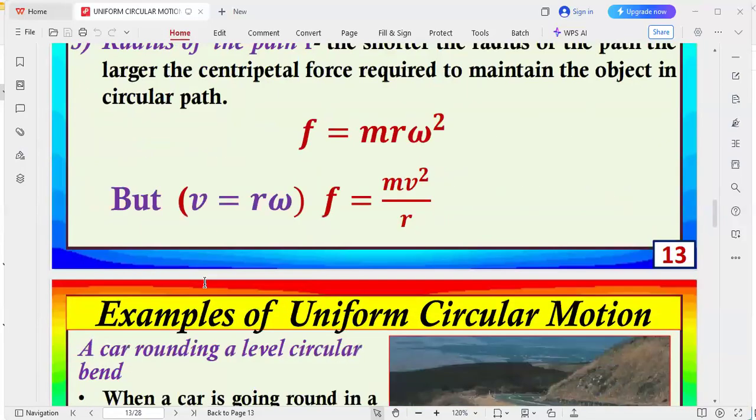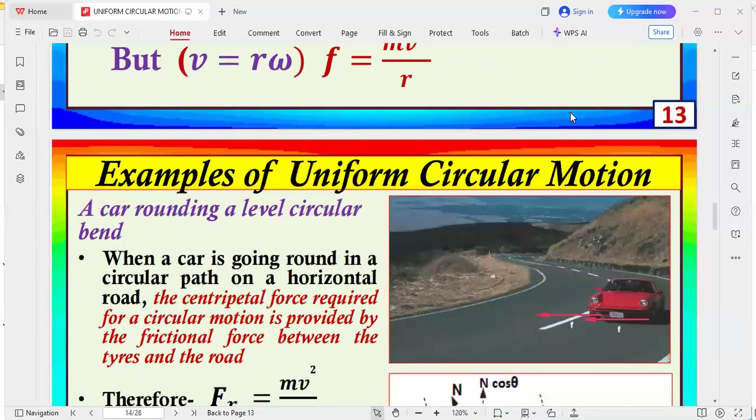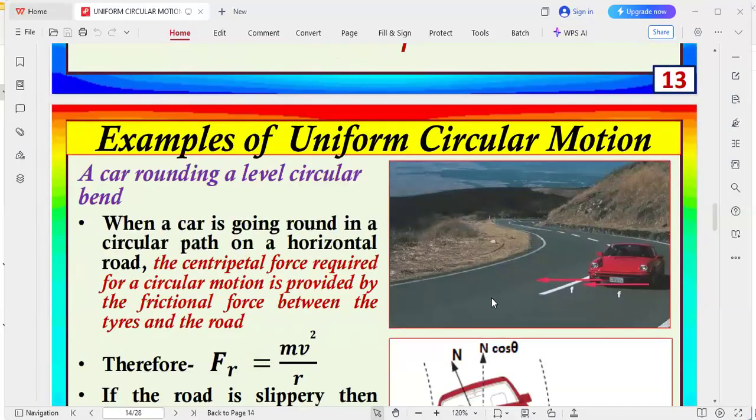So now we look at examples of uniform circular motion. Number one is a car rounding a level circular bend. Here we have a photo of a vehicle that is negotiating a bend towards the right.